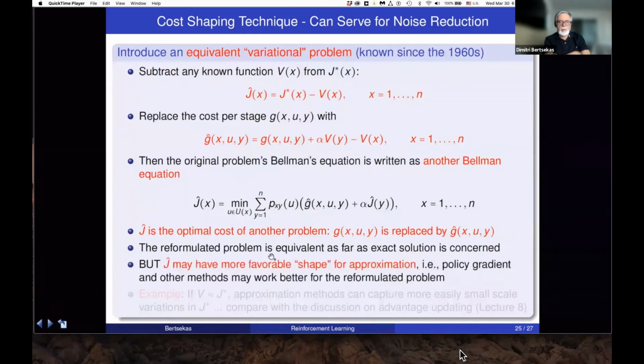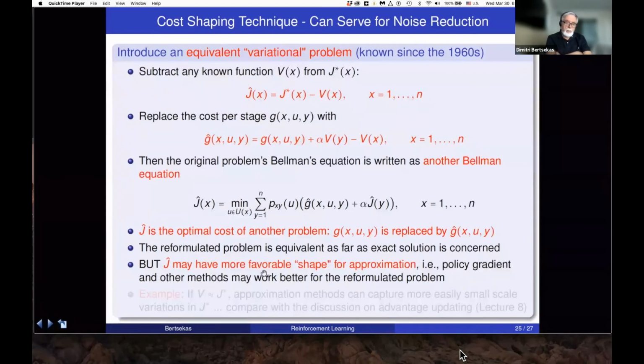However, this reformulated problem may have a more favorable shape for approximation, okay? Once we consider approximation methods, be they approximation in value space and policy iteration, or policy gradient, or random search, or other methods, they will give you different results from the J hat problem than for the original J star problem.